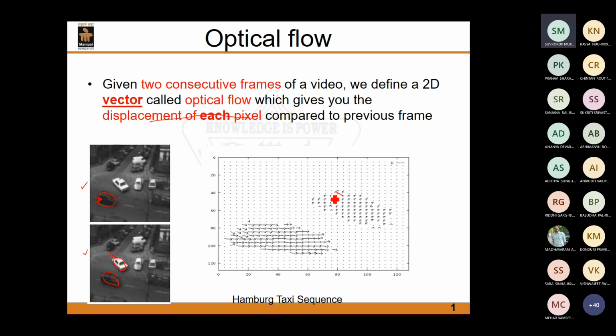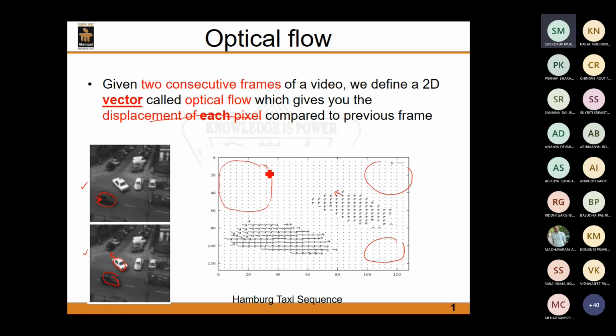Now, another thing you see in this diagram is there are a lot of regions where there are no arrows at all. You have all these regions here where there are no arrows present, or there may be slight arrows which are very, very small. So in this image you do not really have much significant arrows. What that means is that in these regions there has been no displacement.